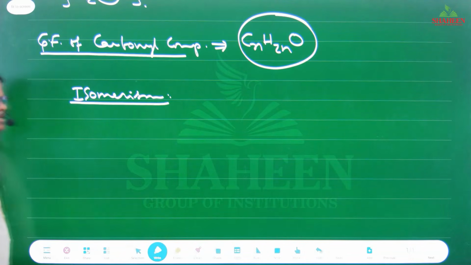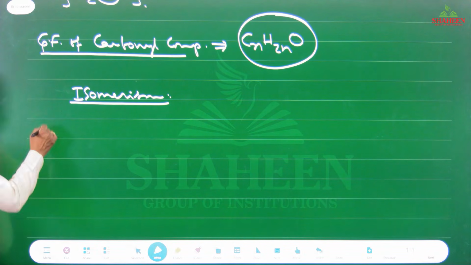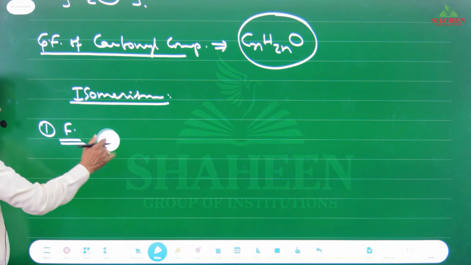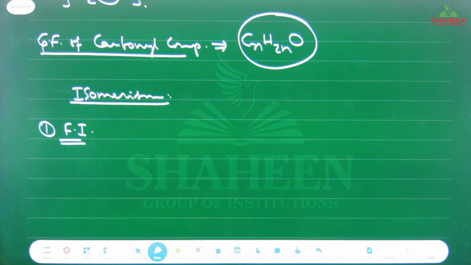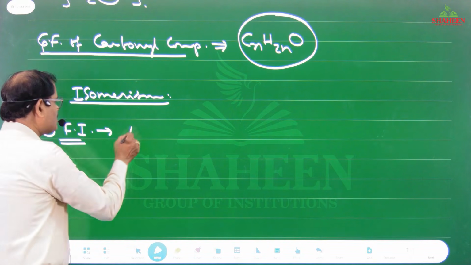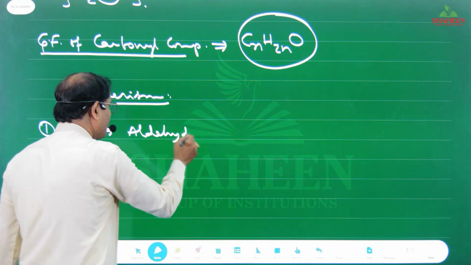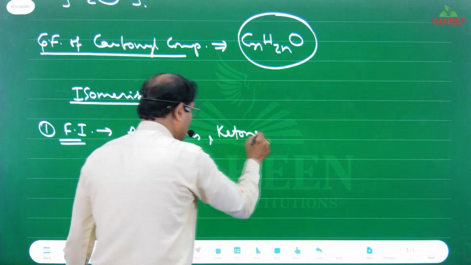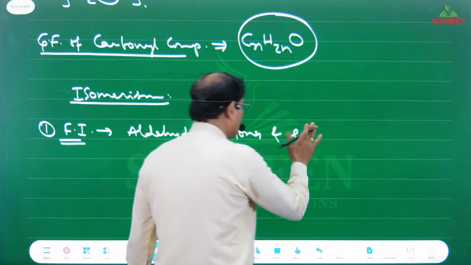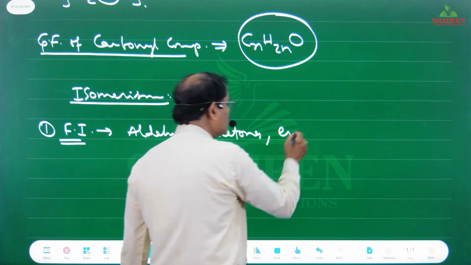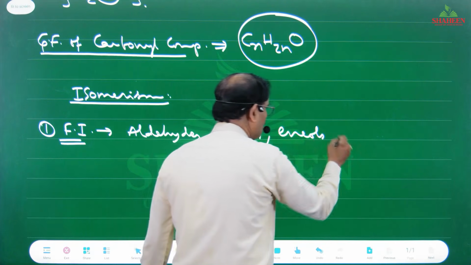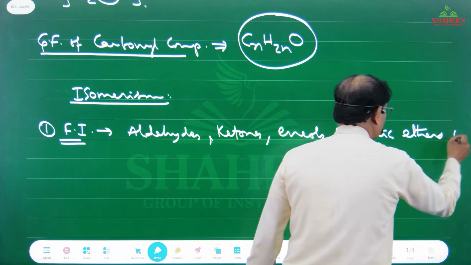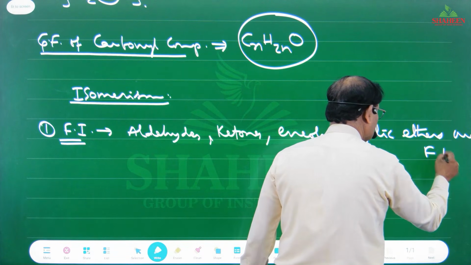The main isomerism exhibited by aldehydes and ketones is functional isomerism. In functional isomerism, aldehydes, ketones, enols, and cyclic ethers are functional isomers.